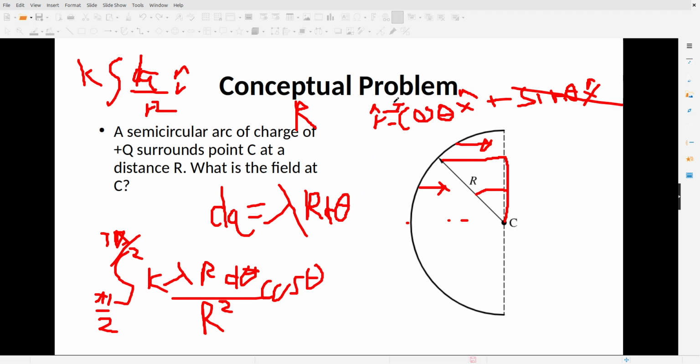So we take the integration of cosine of theta, because the y part goes away here. You have the integration of cosine, and we get sine, from pi over 2 to negative pi over 2.